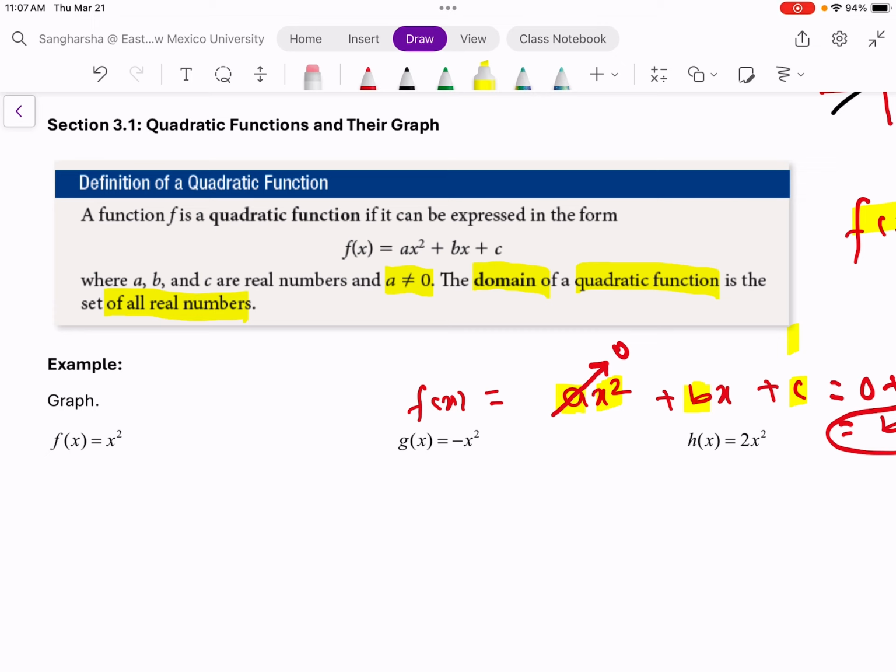And what is the criteria to be an input, or to be in the domain? Not quadratic, just forget about quadratic. You have a function, and how do we know whether a number is in the domain for that function or not? How do we know that?